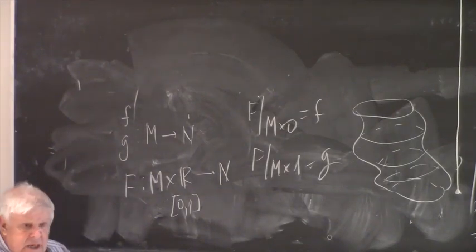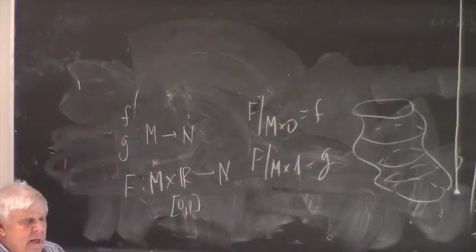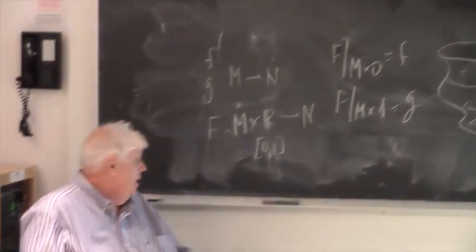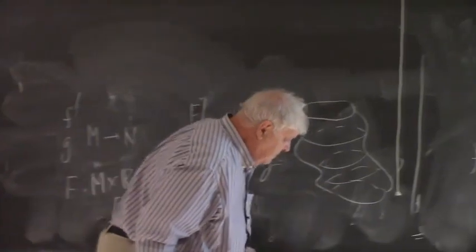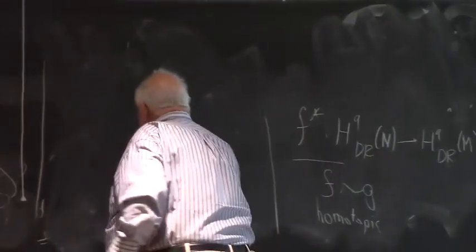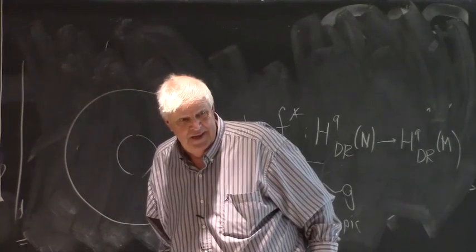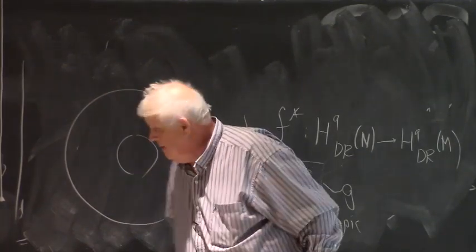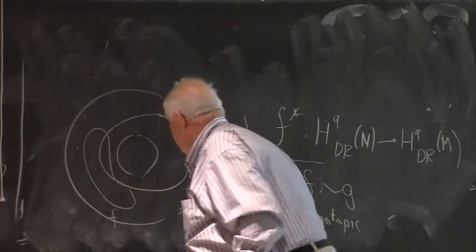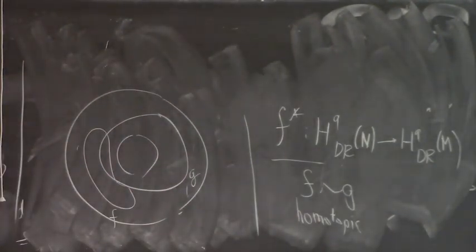Maps may be homotopic or not. Say, any two maps of a circle into the plane, it's very easy to prove that they are always homotopic. But let me give you an example of maps which are not homotopic. Say N is the annulus. M is a circle. Two maps are this. This is F, and this is G. I draw rather the image of the map, but you can imagine how the map looks.